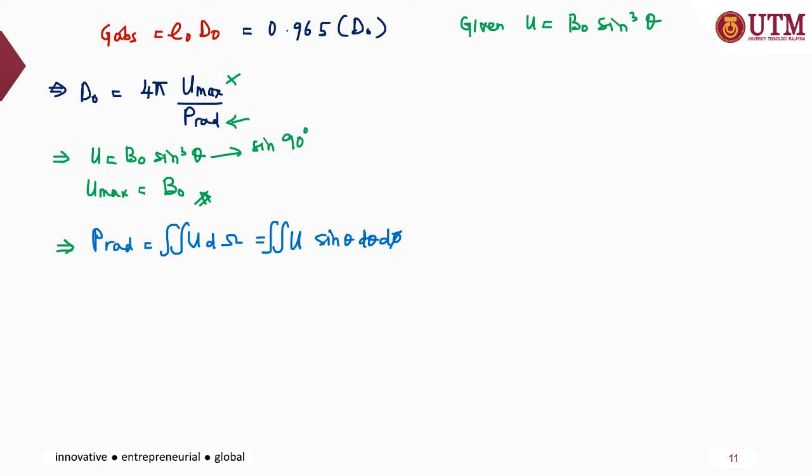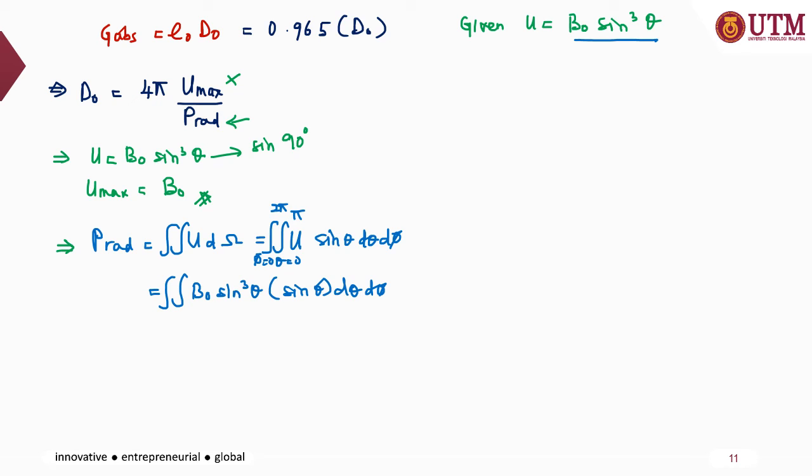The integration is from theta equal to 0 until pi, and phi from 0 until 2 pi. So your radiated power, with U equal to B naught sine cube theta, is B naught sine cube theta multiplied by sine theta d theta d phi.